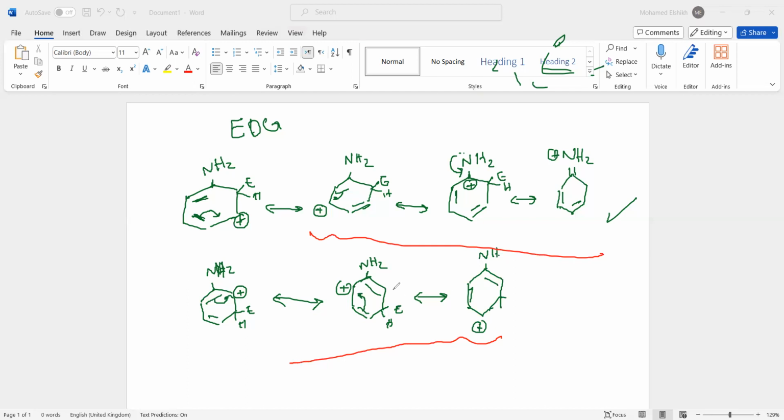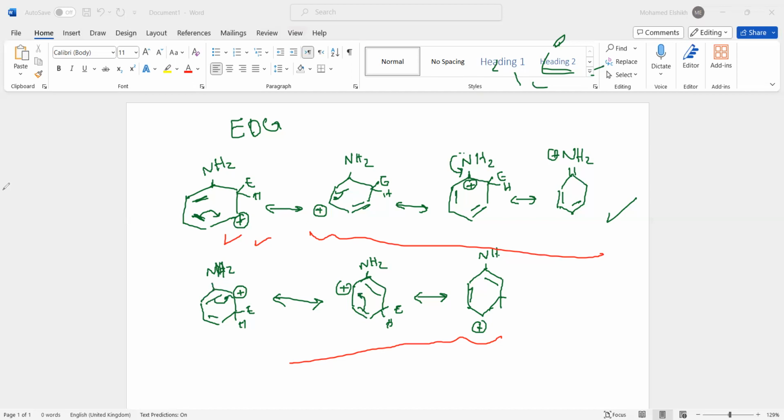And therefore, the direction when you use electron donating groups will be towards the ortho and towards the para. Because as I said, if you draw the para, you will be getting the same result. You will get one of the structures having a concentrated electron density on it, which will enhance its stability, and therefore it will enhance the outcome from this route of the reaction as compared to this one.